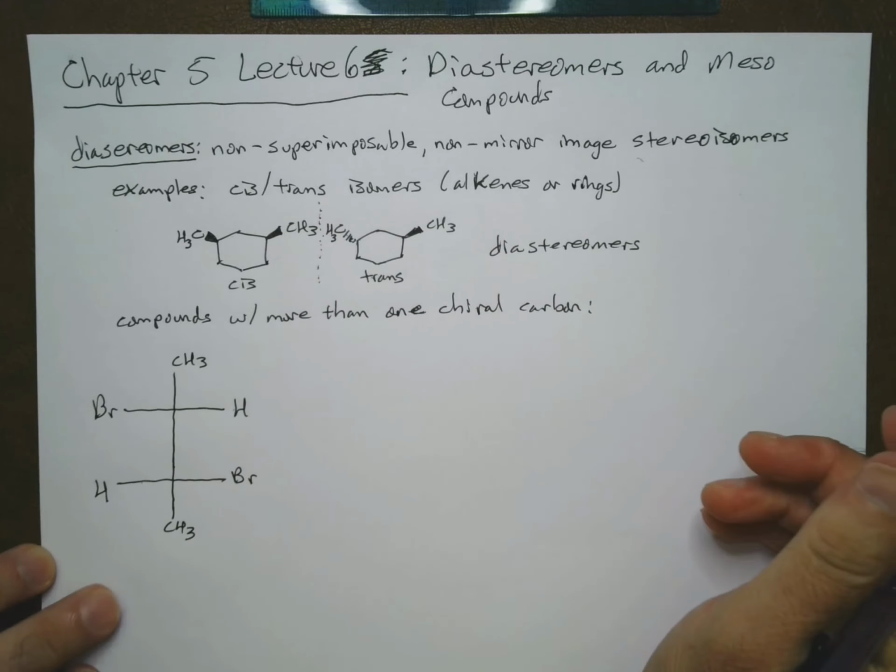Now, if instead I have my H on the side, I have to flip it. So 1, 2, 3, it's counterclockwise, so that would be S, but my H is in front, so it's actually R. It's kind of a shortcut you can take.